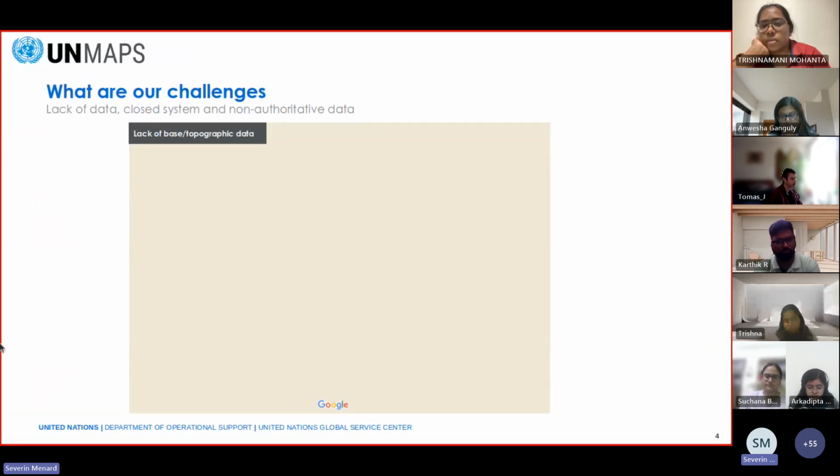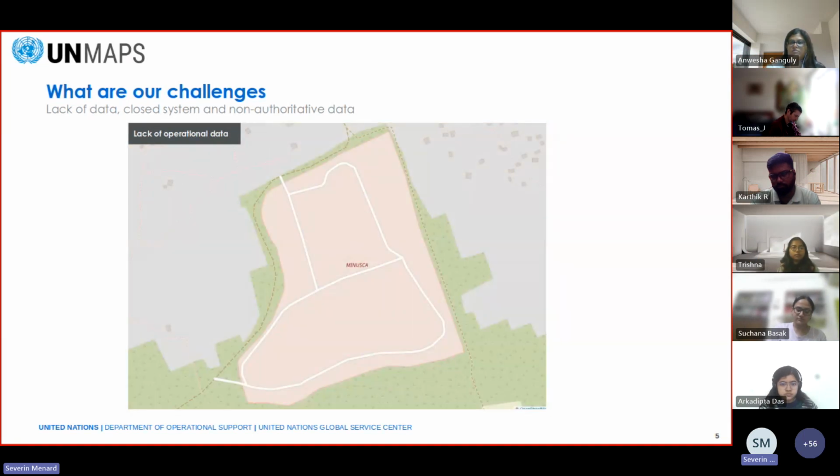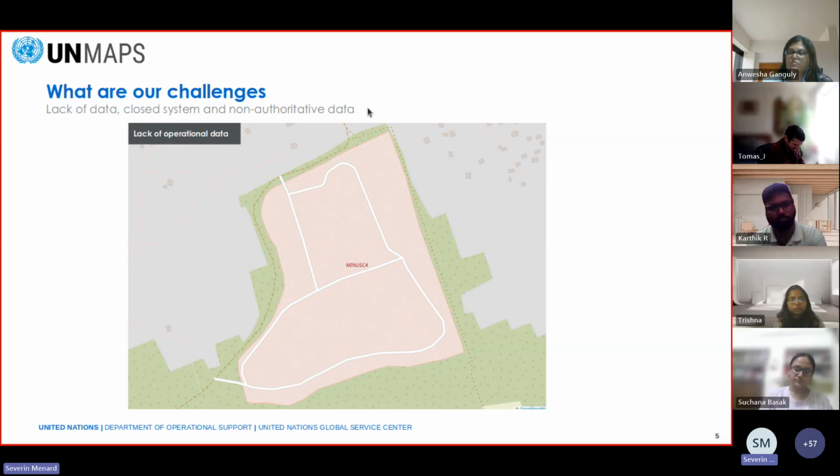The challenge for UN Maps was regarding the baseline data. They wanted to use data that is very, very detailed. But Google Maps or OpenStreetMap cannot provide all the information they need because the data can be incomplete, and there is also the topic of non-authoritative data.